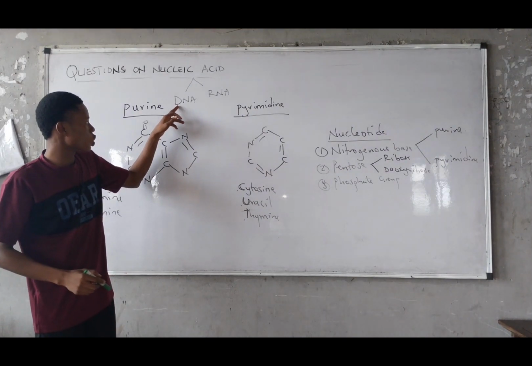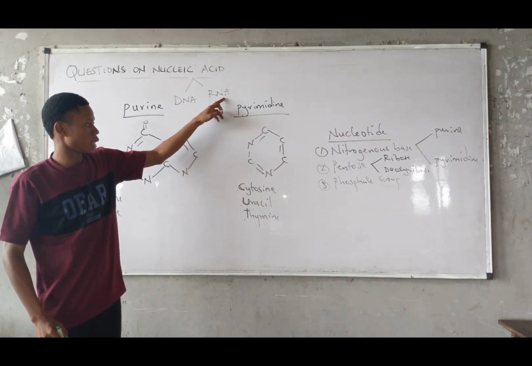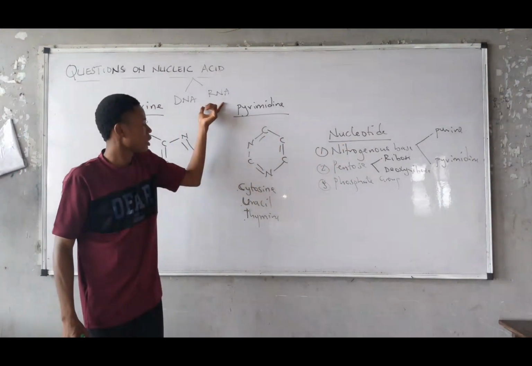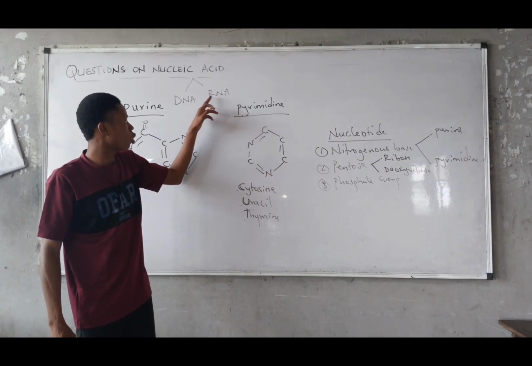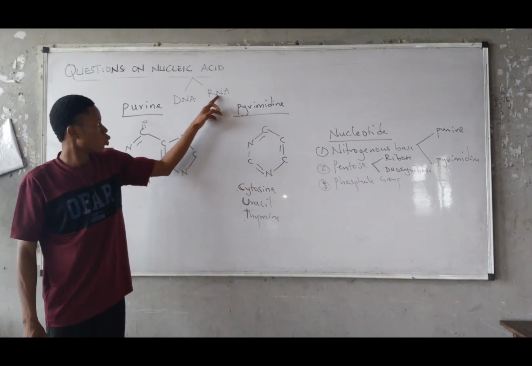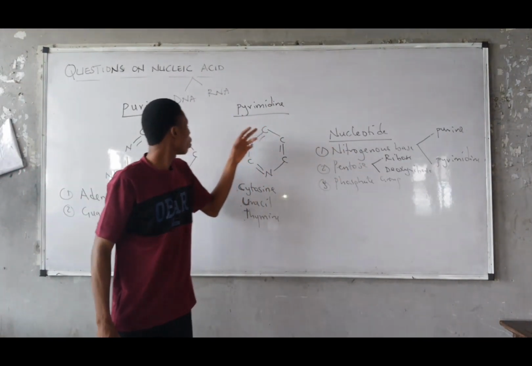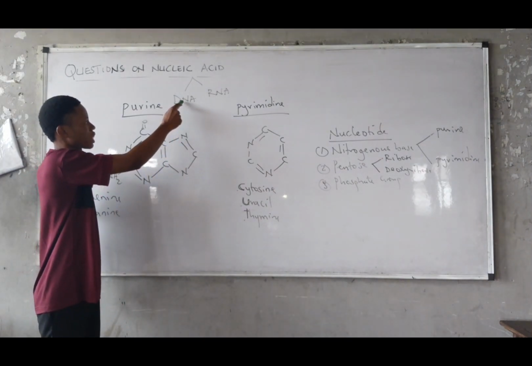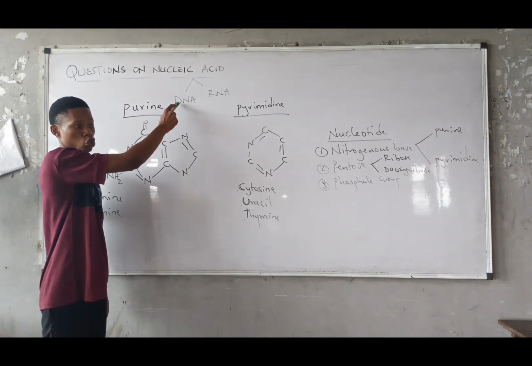DNA is deoxyribonucleic acid, while RNA is ribonucleic acid. Now, ribose is only found in RNA. That is why it's called ribonucleic acid: nucleic acid containing ribose sugar. So ribose is found in RNA, while deoxyribose is found in DNA. That is why it's called deoxyribonucleic acid: nucleic acid containing deoxyribose sugar.